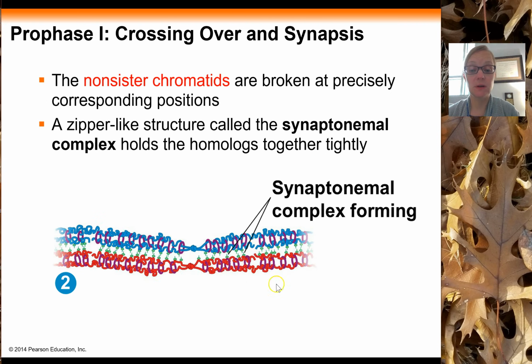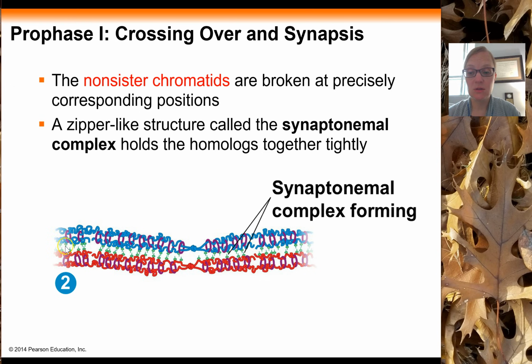All right, so first of all, in order to make this repair, the cell needs to make sure that the sister chromatids and the homologs don't essentially come apart. So we already have the cohesins holding the sister chromatids together. Now we need something to hold the homologs together. This is where a structure called the synaptonemal complex comes into play.